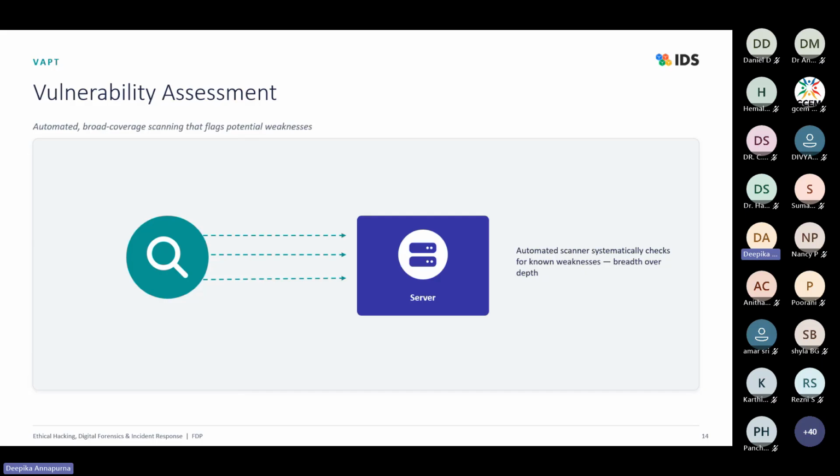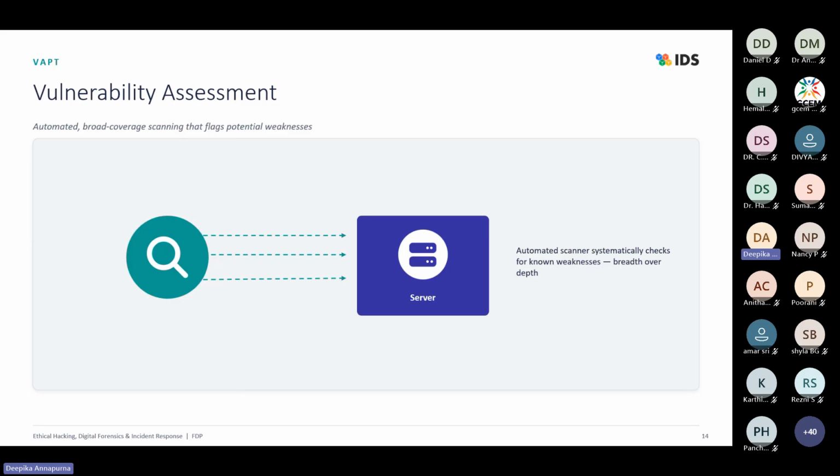We have automated tools to assess these kinds of issues which the organization is having.